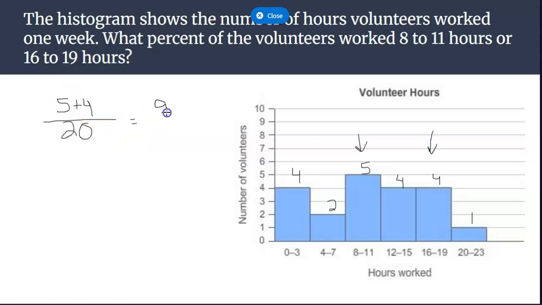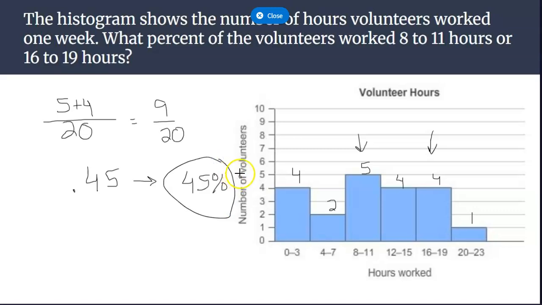And that makes 9. So 9 out of 20, put that as a percent. 9 divided by 20 is 0.45. And then the percent of that, 45%. That tells us, using a histogram to determine the amount of people in different categories.